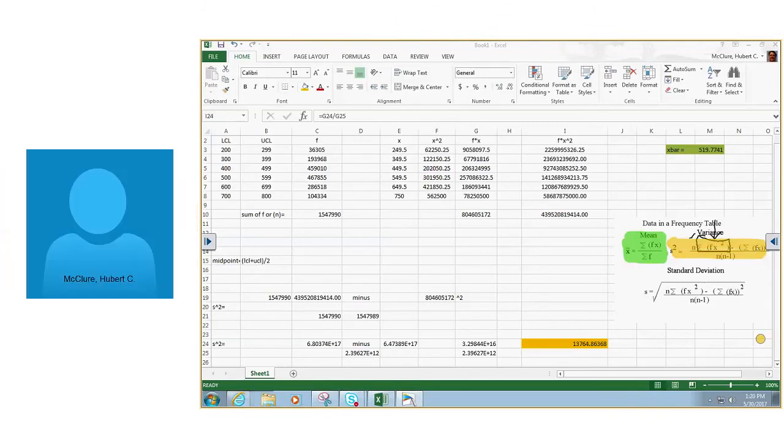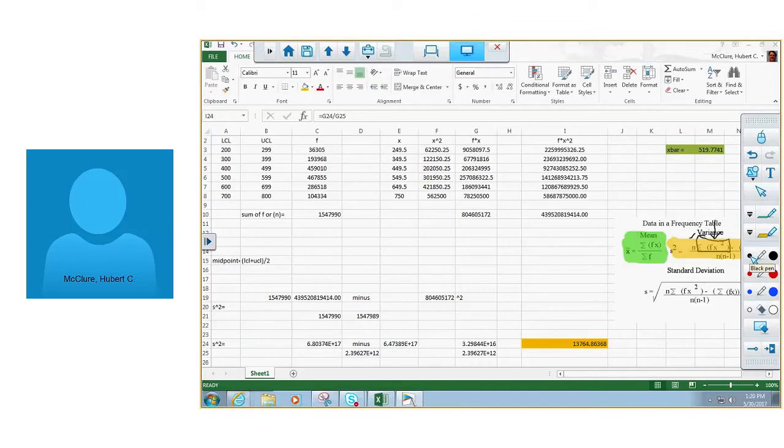So now all you do to find your standard deviation is what? Take the square root of the variance, Hubert. That's right, class. Good. S is equal to this number raised to the what? 0.5 power.